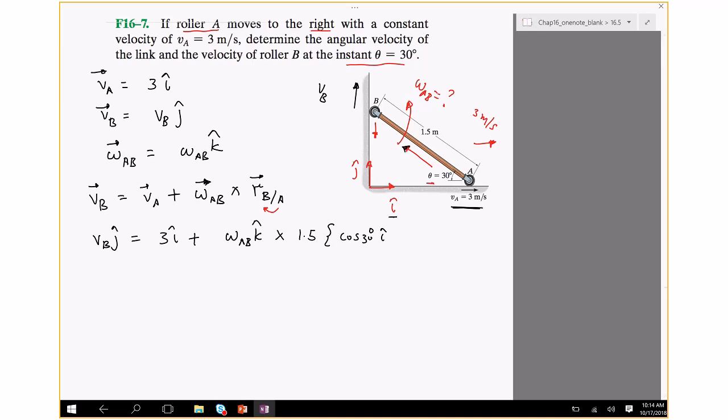But you can see that when you resolve it in the x direction, it points in the negative i direction, right? So I'll put a negative cosine 30, and then the component in the y direction is sine 30 along j, but that vector points upwards, so it's positive.